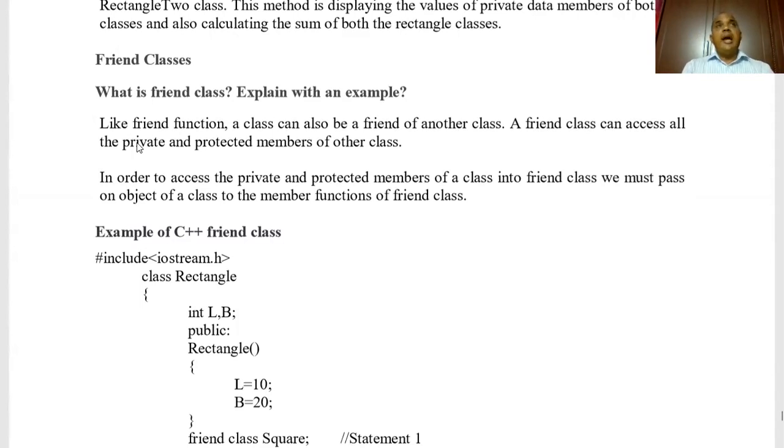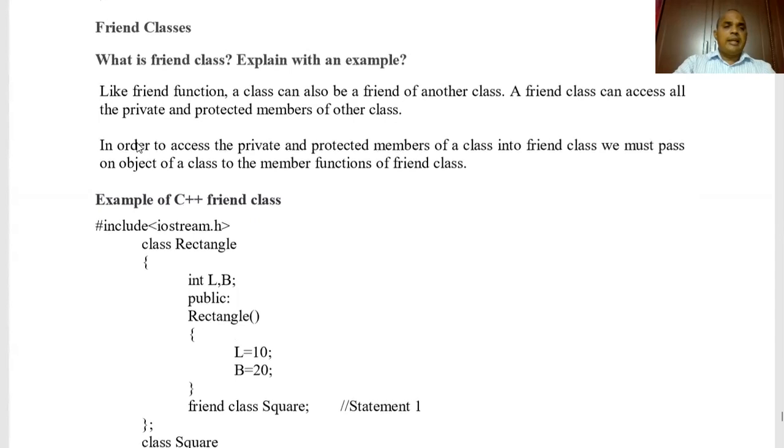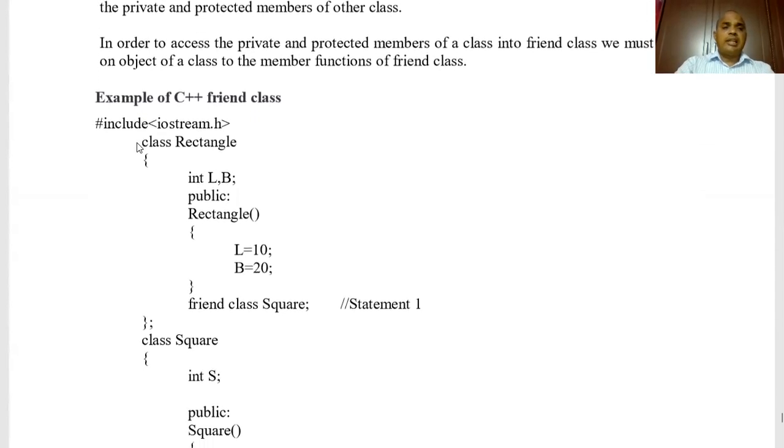The friend class can access all the members and member functions, private members, private member functions, protected members, protected member functions of the other class. Clear, all of you? In this example, we have class A, simply class rectangle.